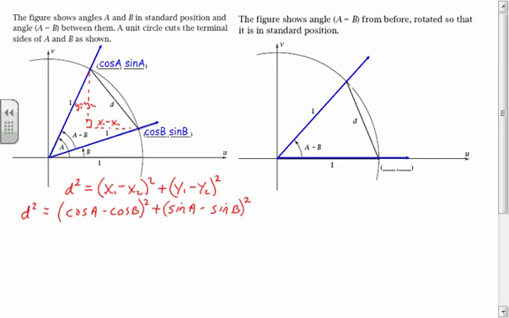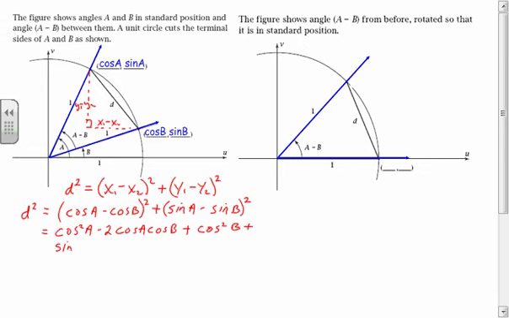I'm going to expand all this, and I get cosine squared A minus 2 times cosine A cosine B plus cosine squared B. And then I'm running out of room, and this is also going to work out nicely, so I'm going to continue on the next line.